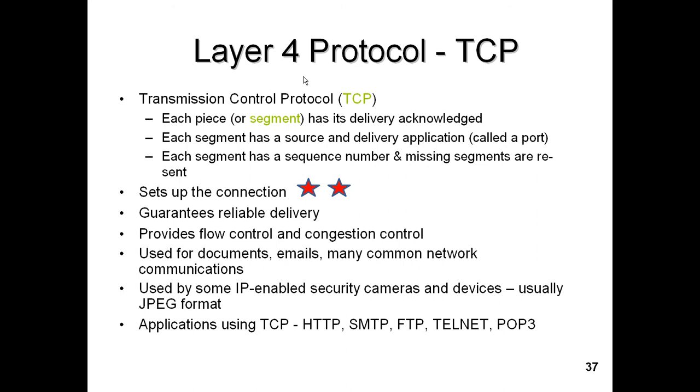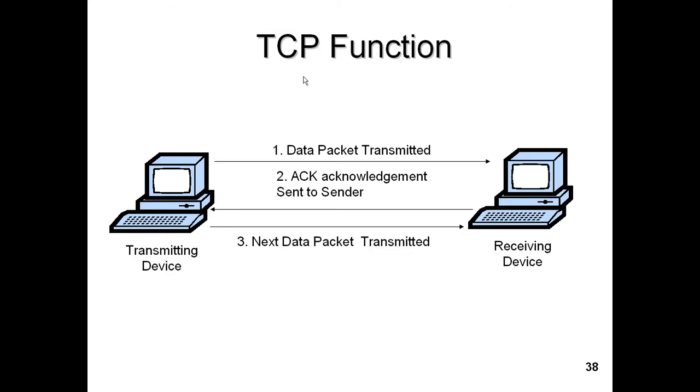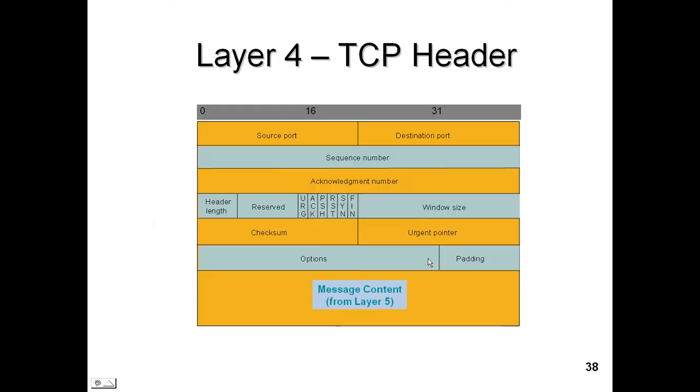And of those billions of data packets, up to 50% or a little more of them are what? They're TCP receipts. TCP is commonly used over the internet, commonly used over the local networks. And here's the way TCP works. We send out a data packet, we get an acknowledgement sent back, and then the next data packet is transmitted, just like that tennis game I described.